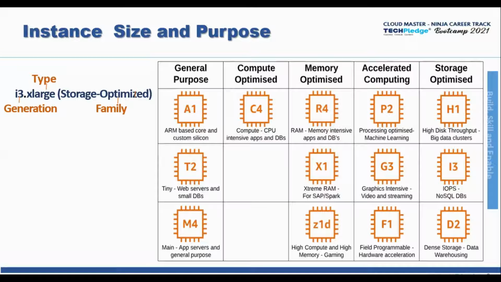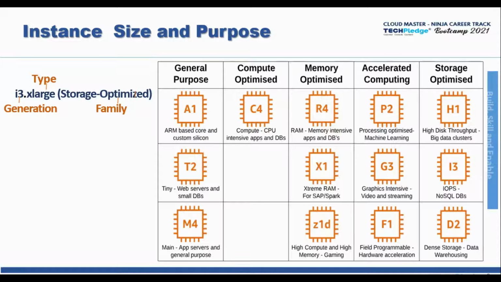In storage optimization, the main important thing is storage. Our storage needs to be optimized, which is ideal for tasks that require a huge amount of storage, specifically with sequential reads and writes such as log processing.